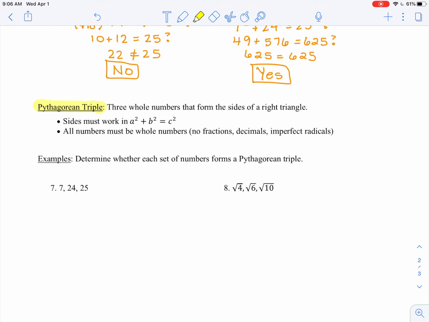So a Pythagorean triple are three whole numbers that work in Pythagorean theorem. So we have to find two constraints. Number one, are all the numbers whole numbers? So no fractions, no decimals. And then number two, do those sides actually form a right triangle? Do they work in a squared plus b squared equals c squared?